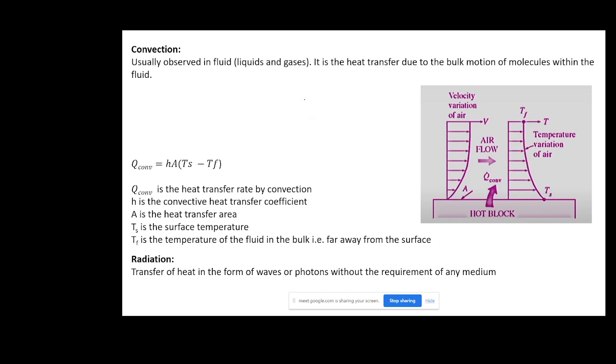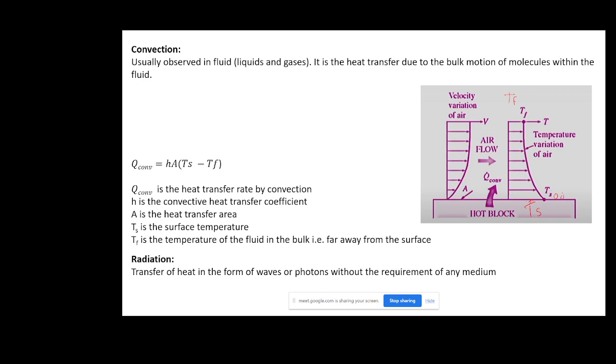Next is convection. Heat transfer by convection is majorly observed in fluids, which is due to the bulk motion of the molecules. Say for example, this is the hot block with its surface having temperature Ts, and far away there is air in contact with this surface, and the temperature of the bulk, which is very far from this hot block, is Tf.